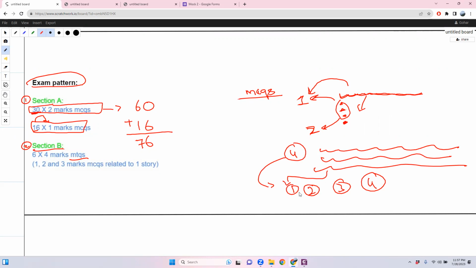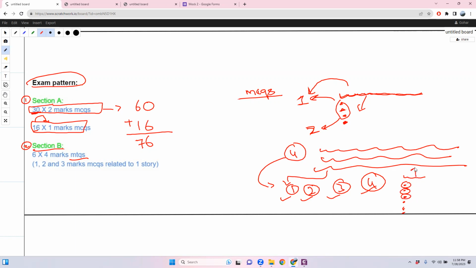Now, there will be MCQs in these MTQs as well. The 4 marks will be divided into MCQs. Each MCQ will have either 1 mark, 2 marks, 3 or 4 marks. Let's say you are given a story and you have to choose 3 correct options out of 5 or 6 different options, it will probably have 3 marks available.